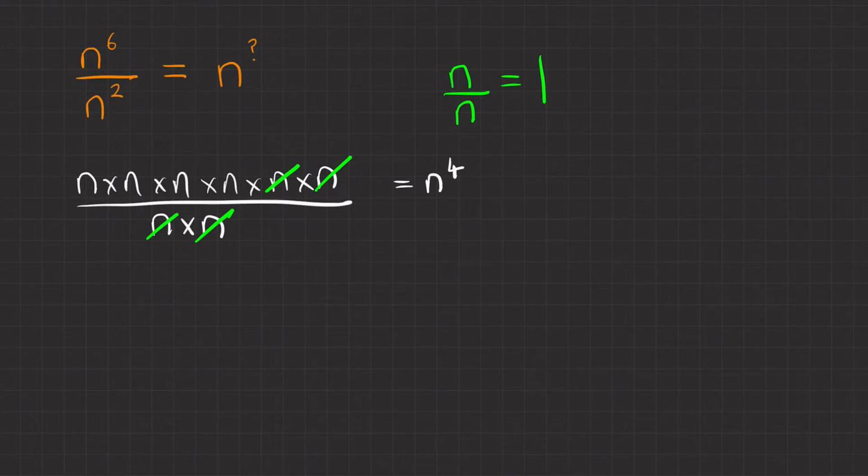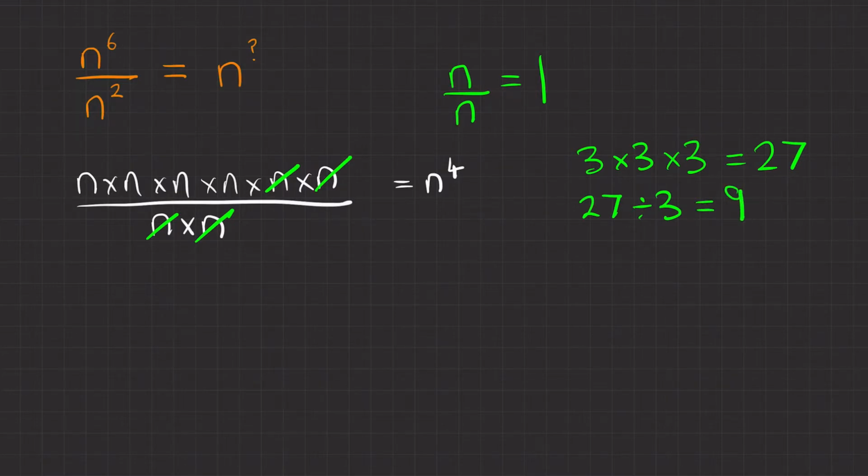Now, to give some numerical examples, if I said, for instance, 3 times 3 times 3, which is 27, and then we divide it by 3, so we'll have 27 divided by 3 equals 9. Well, actually, 3 times 3 equals 9. So really, this times by 3 and divided by 3 have just cancelled out, because it's the same as times by 1.